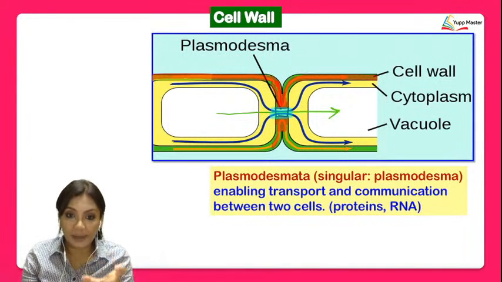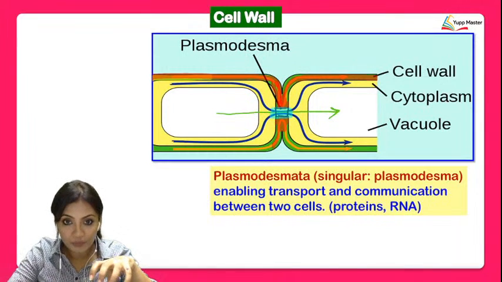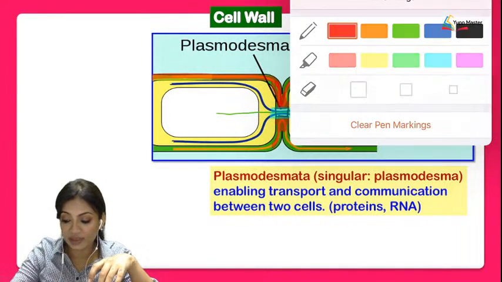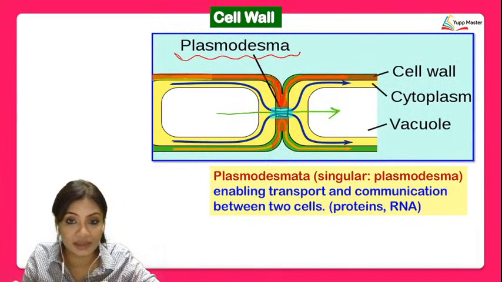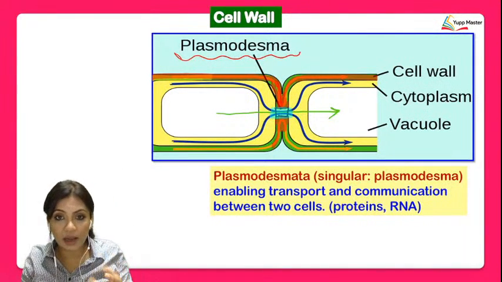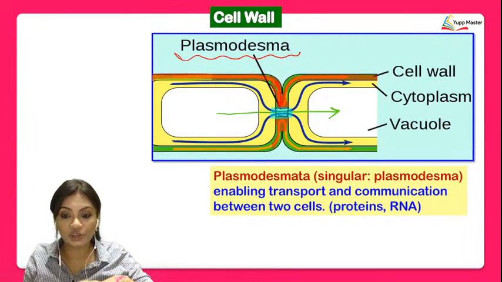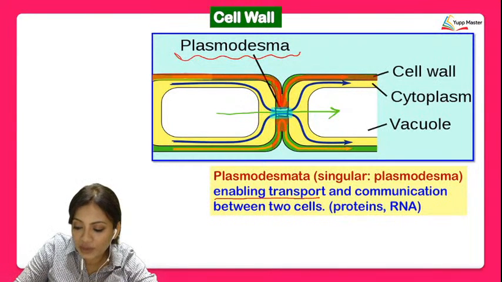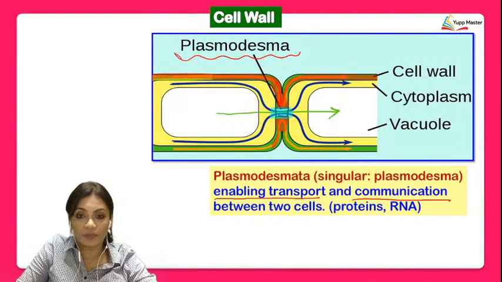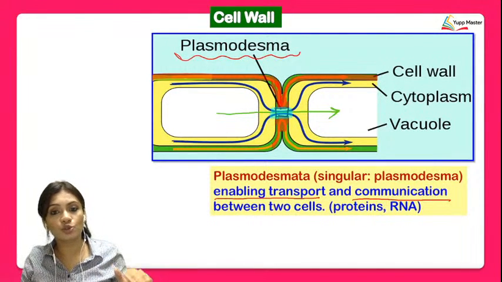That gap is called the plasmodesmata. What do you call it? Remember this name, this is a very important name. That gap is called plasmodesmata, or plasmodesma if it is singular. What is it doing? The main function of plasmodesmata is that it enables transport and communication between two cells.